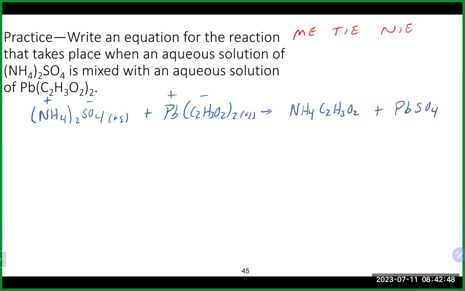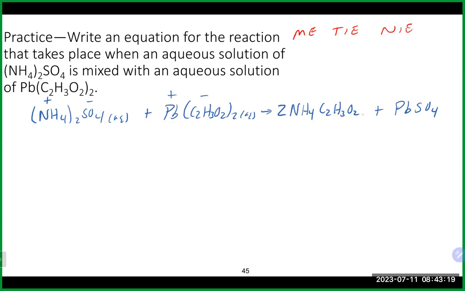Now, again, that we got the correct formulas down, we want to then balance it. In this case, it looks like perhaps a little polyatomic ion balancing, a 2 there. And that actually, I think, will take care of everybody that needs to be. We can look at our solubility rules here to help us decide. And again, we know the first 2 are aqueous, really because it told us, but also ammonium and acetate both tell us it's going to be aqueous.